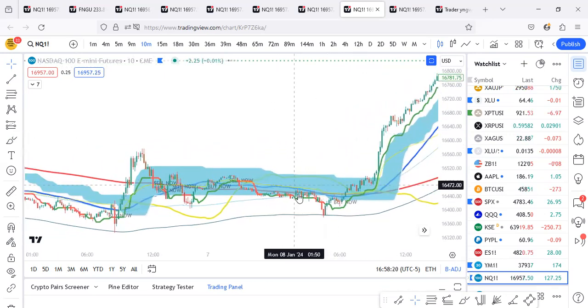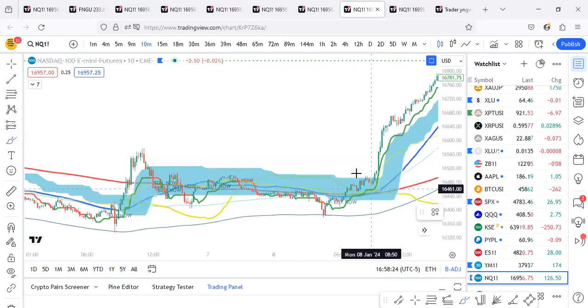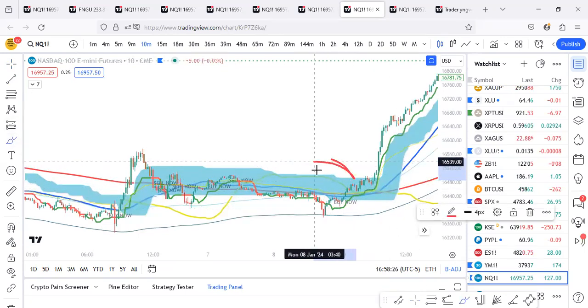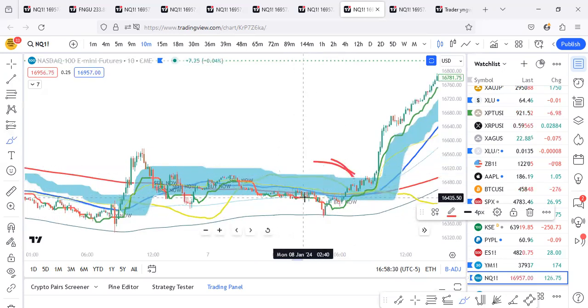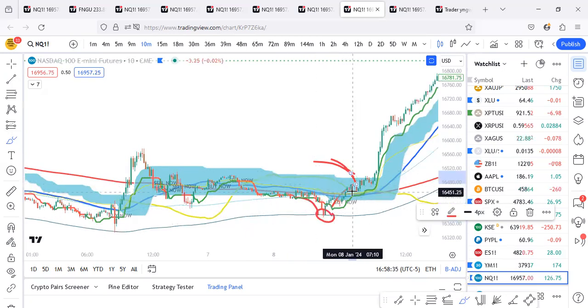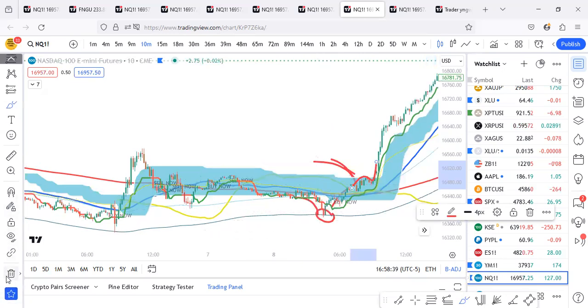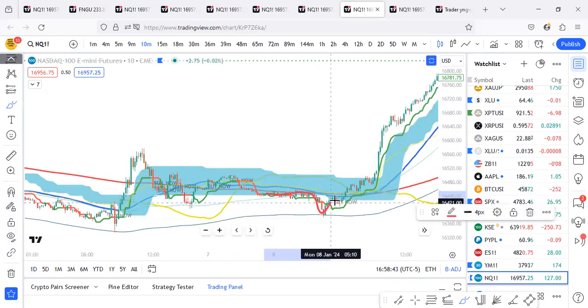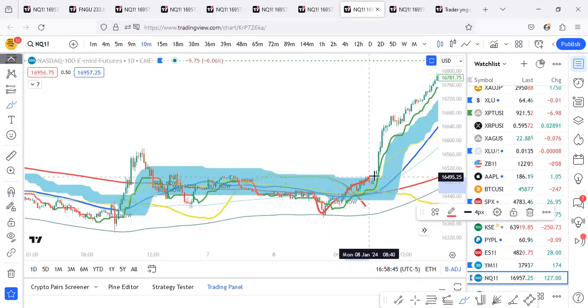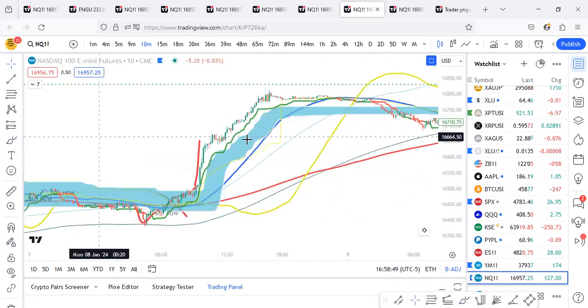When the price was over here, you kind of knew that price would come down and touch this dark blue, then break above it, and then I would long. So you anticipate before the price actually does something. I use it this way.